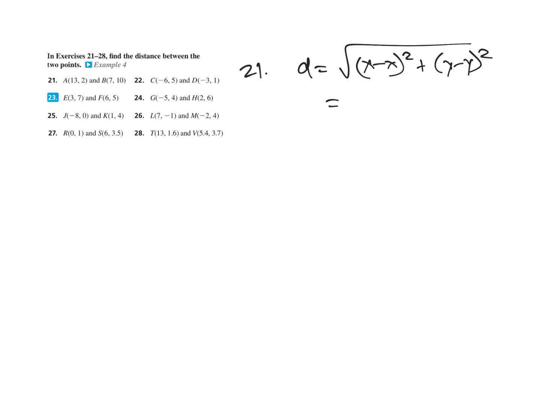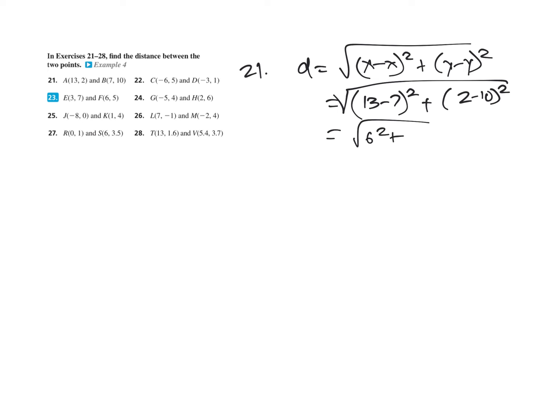So the distance in the x's, 13 minus 7 squared plus 2 minus 10 squared. 13 minus 7 is 6, so we have 6 squared plus 2 minus 10 is negative 8. We have to square that. So 36 and 64 is 100. The square root of 100 is 10.